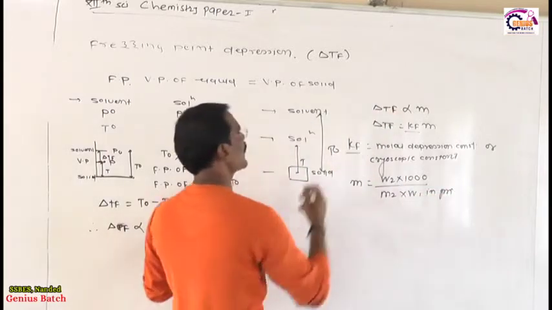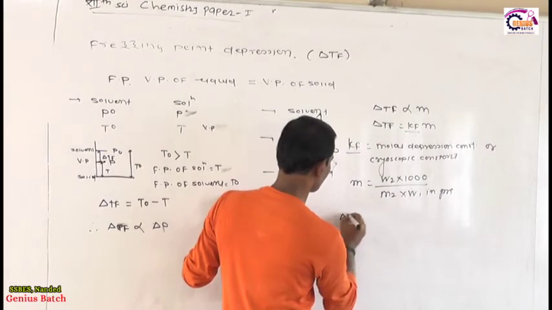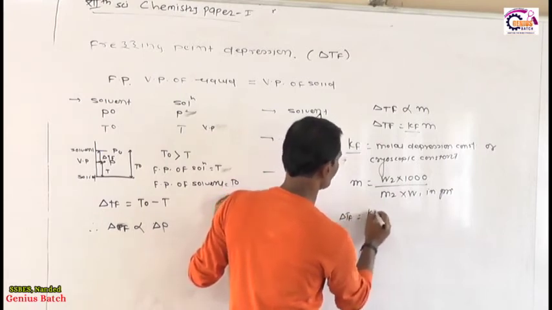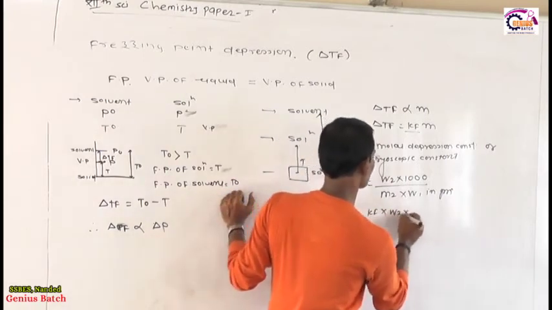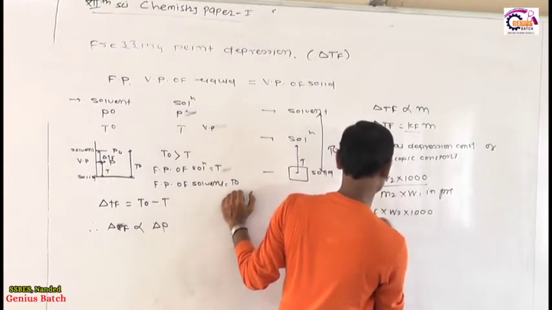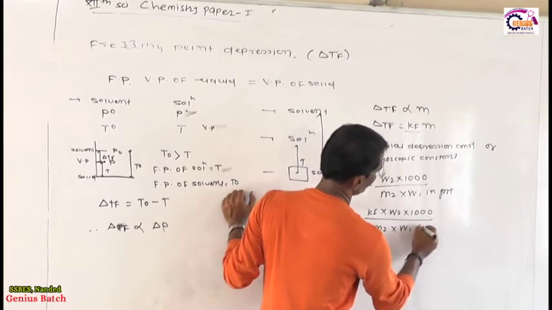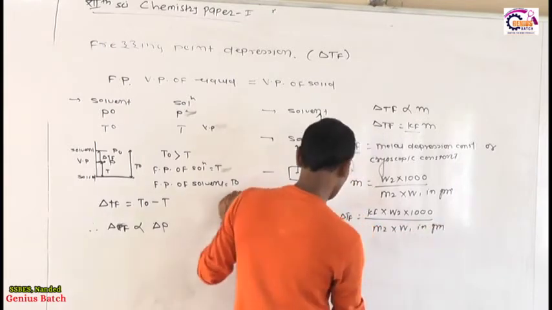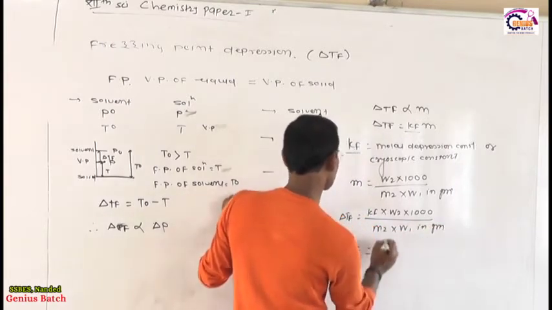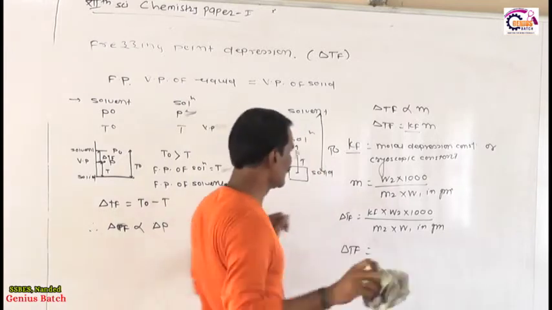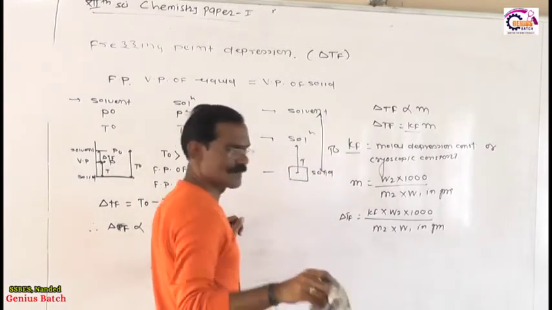Therefore, put the value of M in the above equation. Delta TF is equal to Kf into W2 into 1000 divided by M2 into W1 in gram. Now we calculate the molar mass of this particular solute.